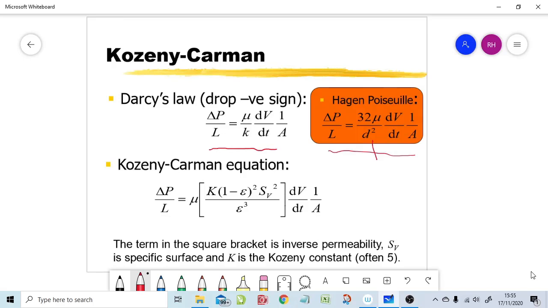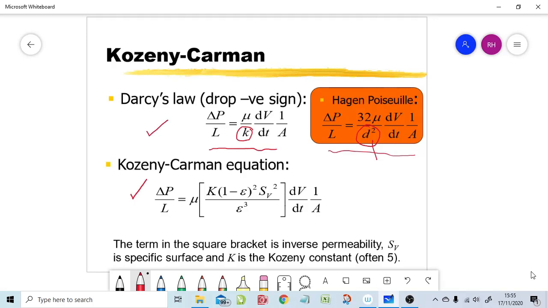So by looking at the two equations, clearly we're anticipating that the SI units of permeability must have the same dimensions as diameter squared, and that means that permeability has the units meters squared, and that is in fact the case.